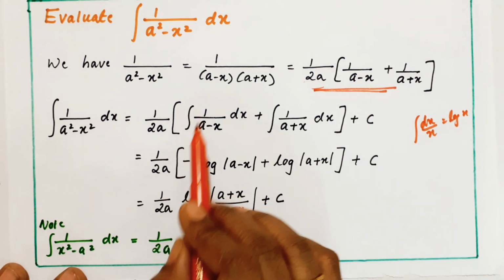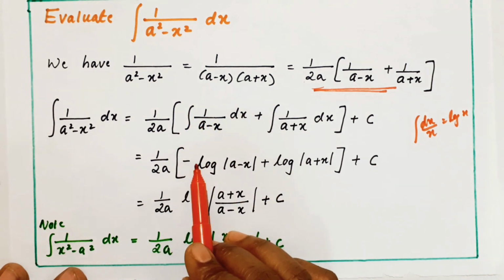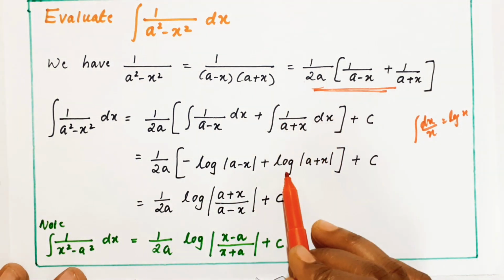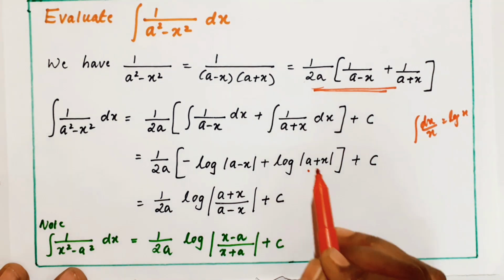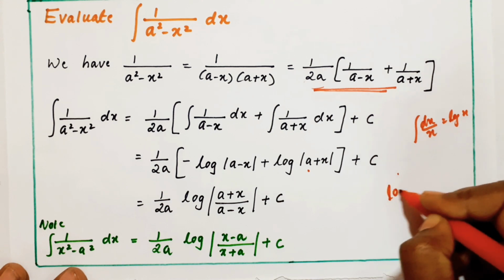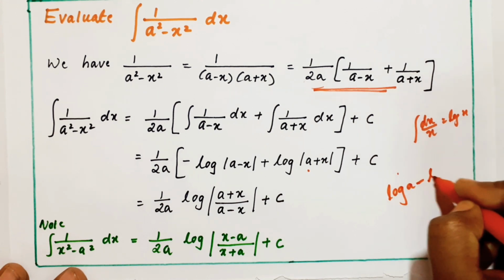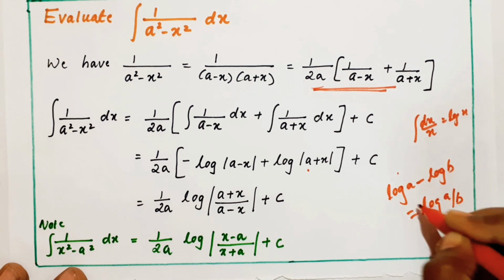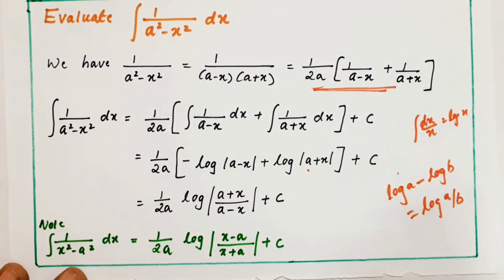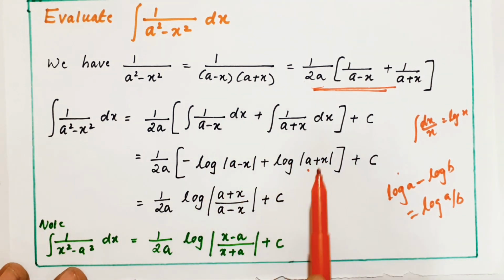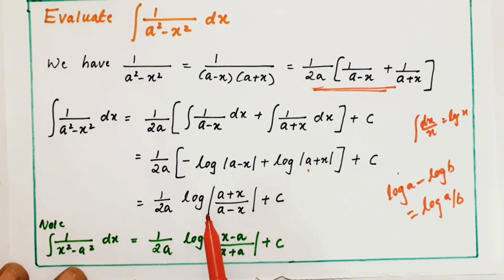So the integral of 1 by (a − x) dx is minus log (a − x), and the integral of 1 by (a + x) dx is log (a + x) + c. We know that log a − log b is nothing but log (a by b). So taking the log of a ratio, we get log ((a + x) by (a − x)) + c.